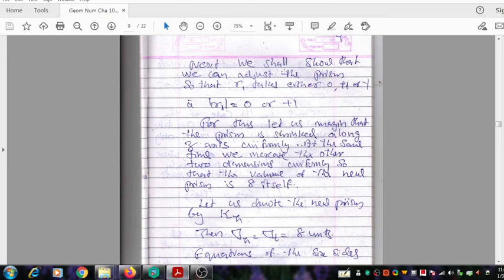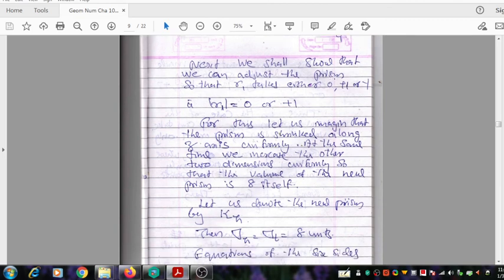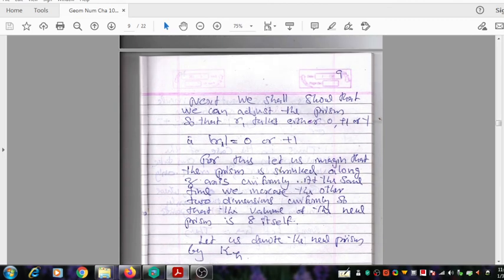Next we shall show that we can adjust the prism so that r1 takes either 0, plus 1 or minus 1. That case of 0 is actually not eliminated here. We are going to show in our further steps that we can adjust the prism.